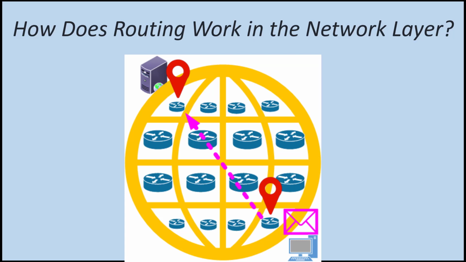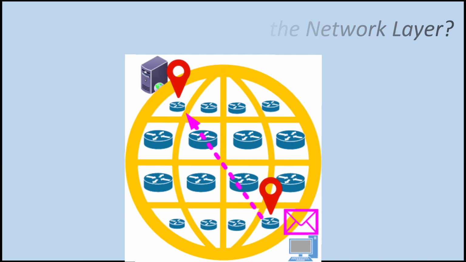In simple terms, routing is like the GPS of the Internet, making sure your data gets to the destination fast and reliably. So, the next time you're sending a message or searching for something online, thank routing in the network layer for being the behind-the-scenes guide that gets your data where it needs to go.